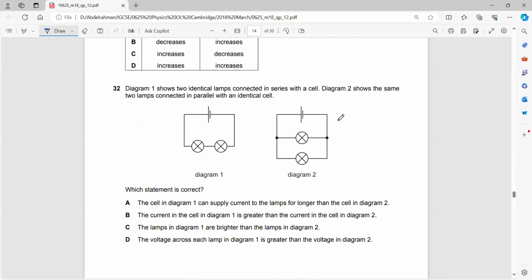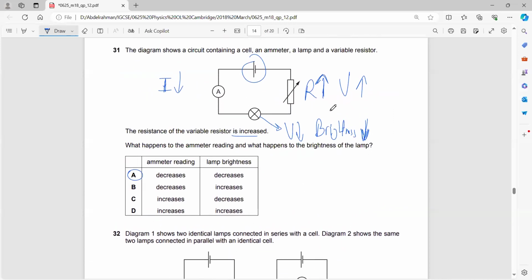Question 32. Which statement is correct? We have two diagrams. Again, what's the problem with 31? As the resistance increases, the voltage increases. For example, initially they both had 6 volts.